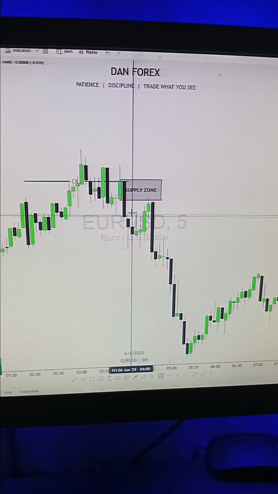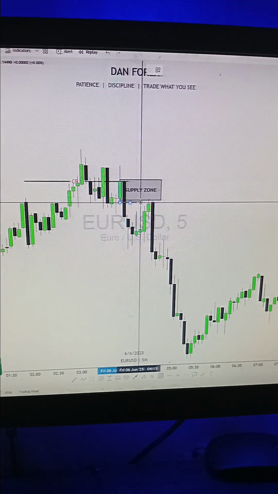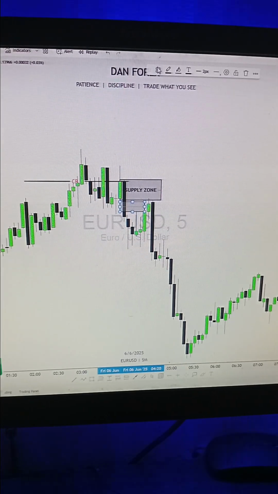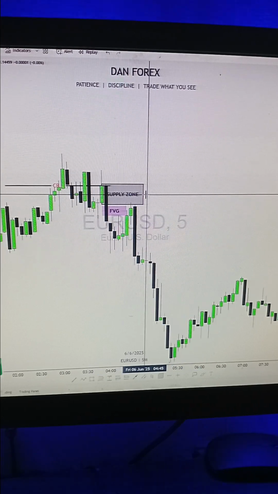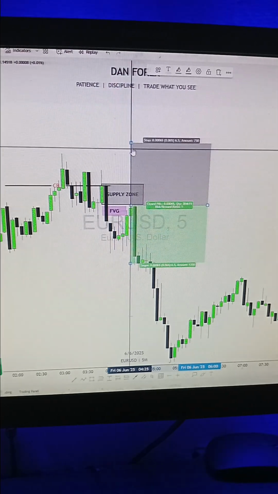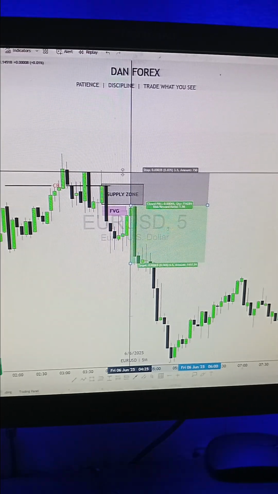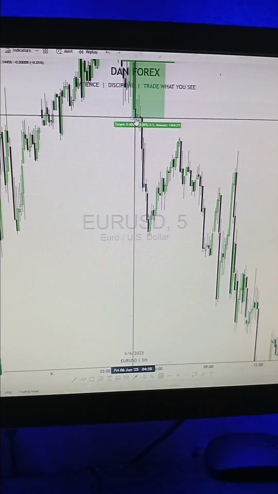And we had this imbalance, right? So that's an imbalance there. That's an FVG supply zone. So you take your short from here, stop loss, you can make it around that high. Then where do you target?